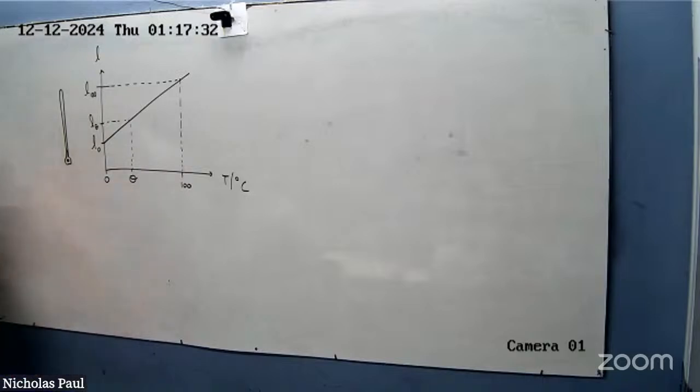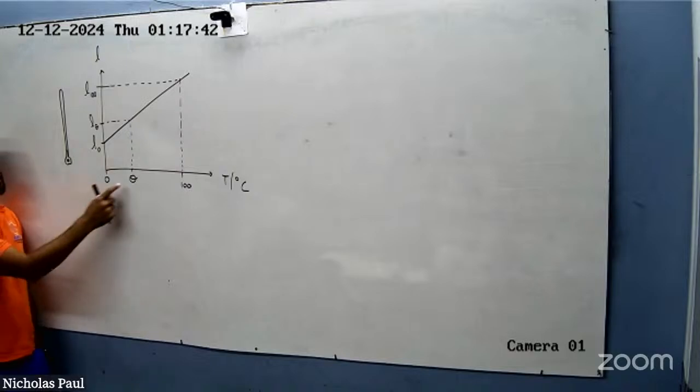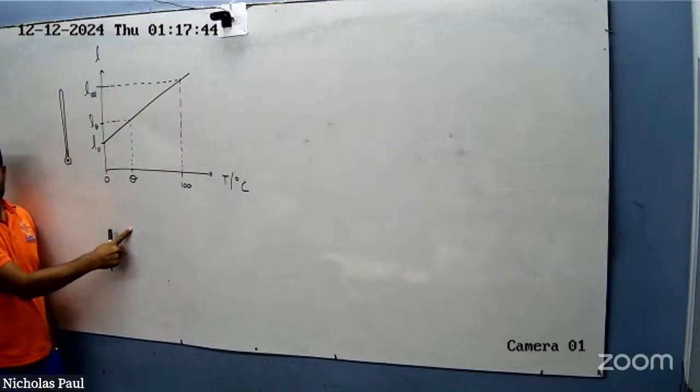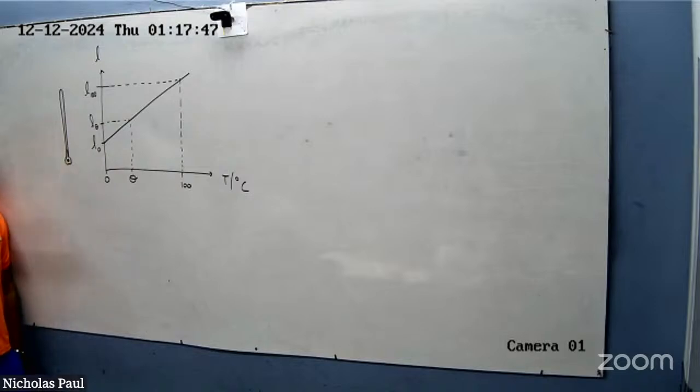So we have three lengths: L0, L theta, L100. We need to develop a relationship that allows us to find what theta is. So I want to take this thermometer and put it into a substance of unknown temperature and find that temperature. We need to find a way to develop a formula.